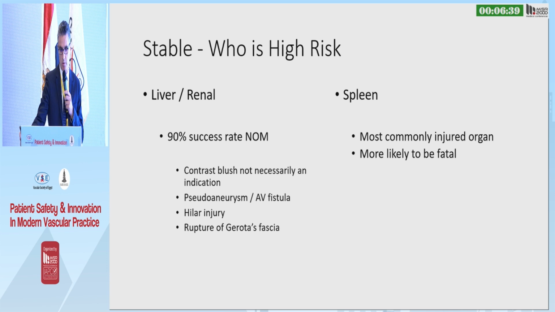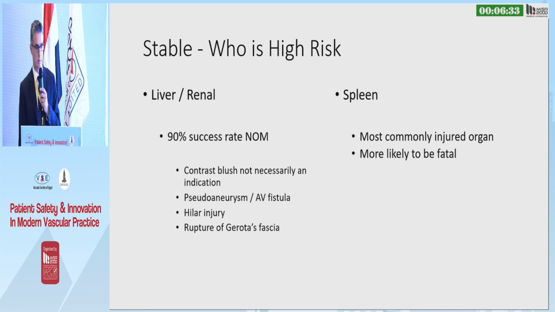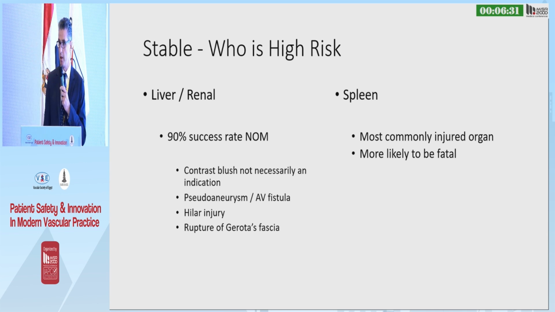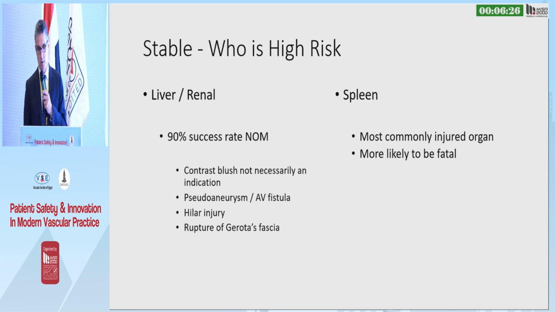If you've got a focal injury like a pseudoaneurysm or AV fistula, if you have a hilar injury, or in a renal injury the AV fascia is ruptured, then those are higher risk groups where they may benefit from an adjunctive procedure. The spleen is a more fragile organ, and I'll deal with it separately, but that's why it's more commonly injured and it's more likely to be fatal.